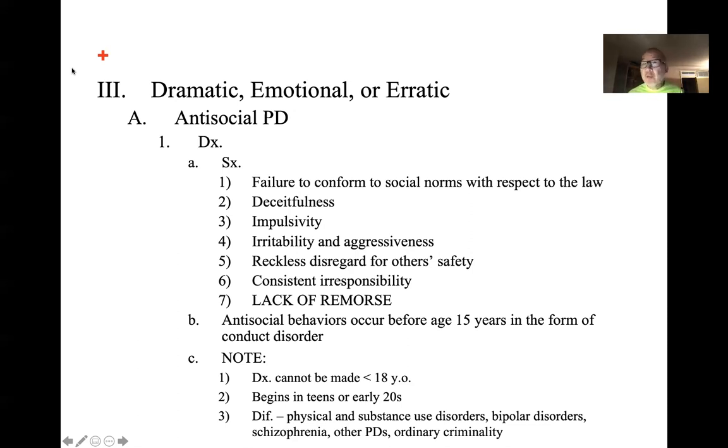Alrighty, antisocial behaviors may occur before age 15, very typically in children suffering from conduct disorder. But you cannot diagnose someone with APD unless they're 18 or older.